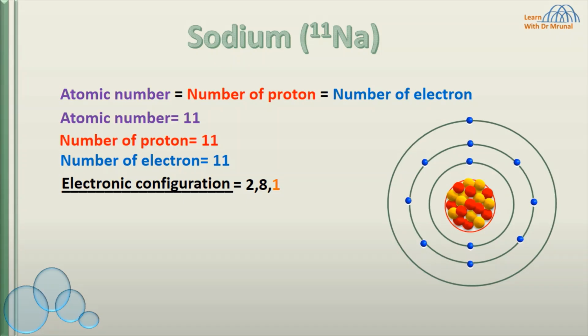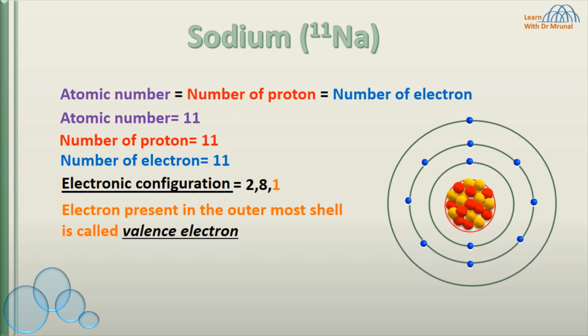This outermost electron is very special because only this electron can take part in the chemical reaction. This electron is given a special name as valence electron. So the electron present in the outermost shell is called valence electron. Here we can see that valence electron in sodium is 1.